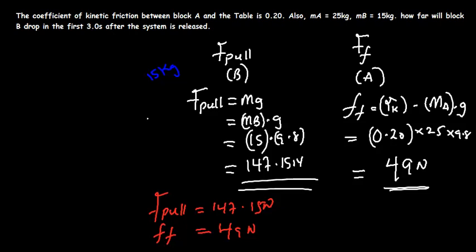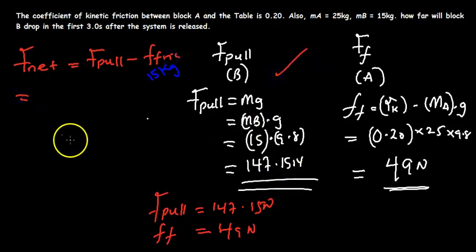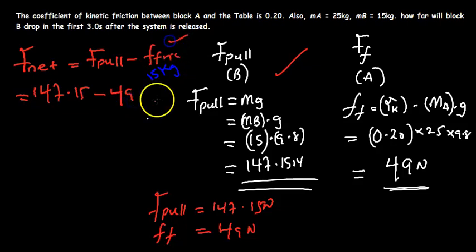So the next thing we're going to be looking at is to find the total accelerating force, which we call the F net. And notice that this is going to be the F pull minus the F friction. In this case, what is the value of F pull? F pull is given as 147.15. If you subtract 49, which is the F friction, in Newton, our answer is simply going to be 98.15 Newton.